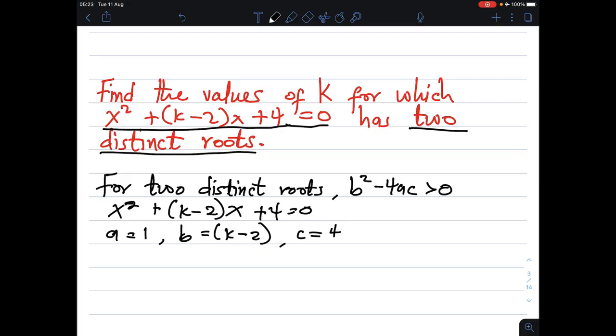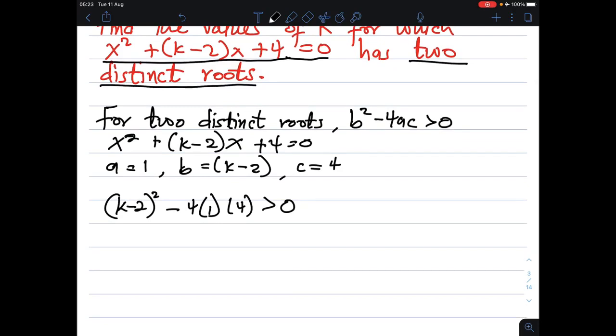So we can solve for b squared minus 4ac. So that will be k minus 2 all squared minus 4. a is 1, c is 4. Should be greater than 0.